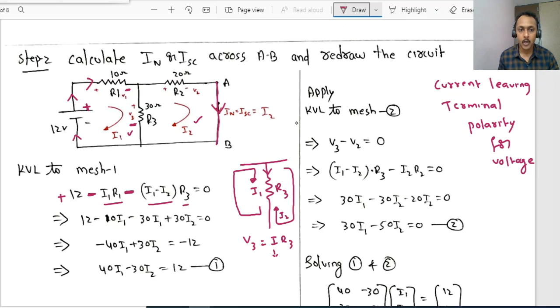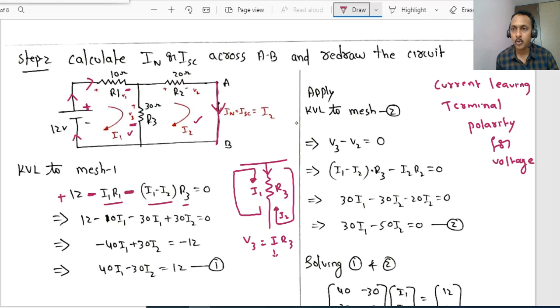Right? I repeat again: 12 minus I1 R1 minus the branch current in R3, which is (I1 minus I2) into R3, equal to 0. Clear? For R1, branch current and mesh current are both the same, because R1 belongs to only mesh 1.